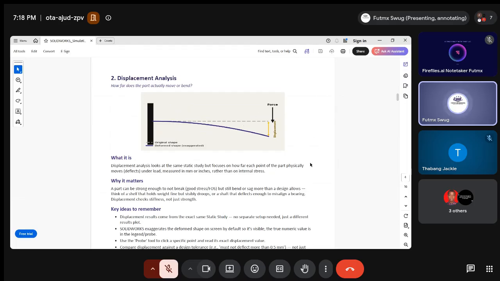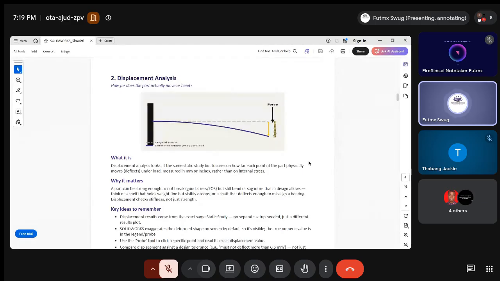Most times with displacement analysis, you are faced with scenarios where you need to know if a part will bend when a certain amount of load is applied on it.